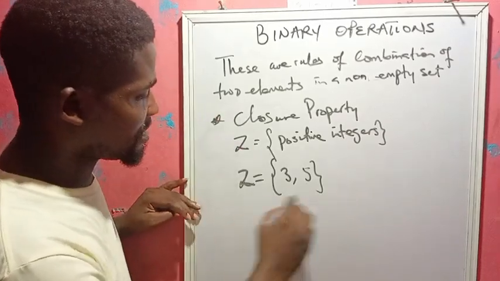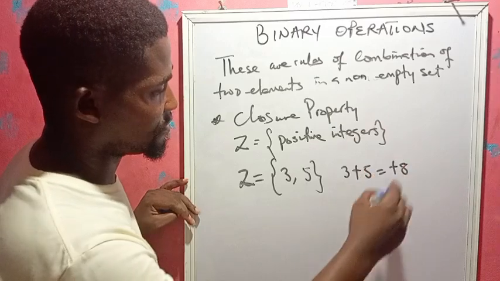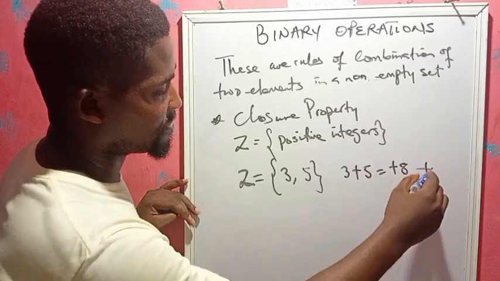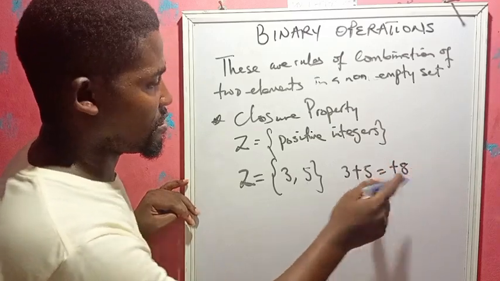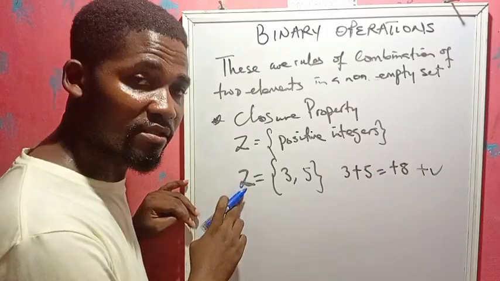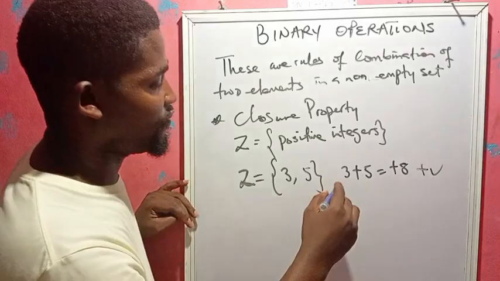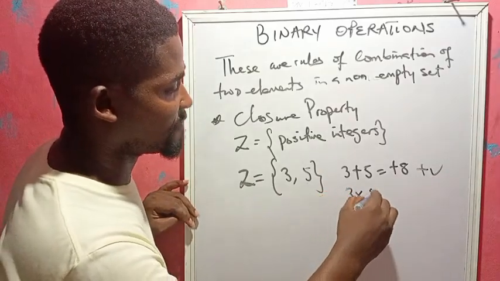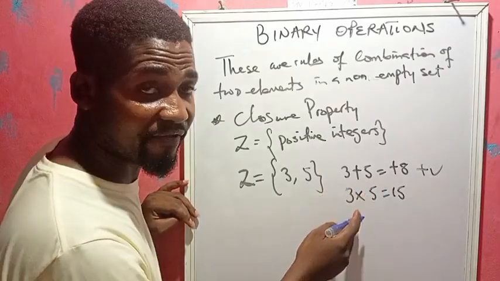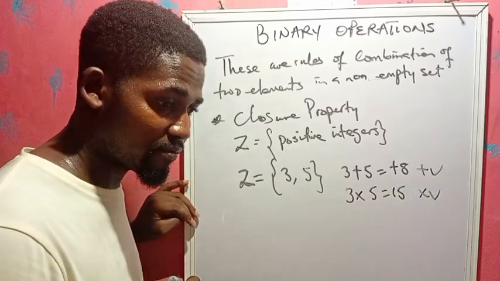We can see that for addition, 3 plus 5, we have plus 8. Therefore the plus sign is closed. The set Z is closed under the operation addition. If we look at 3 times 5, we get plus 15. It is closed under the operation multiplication.